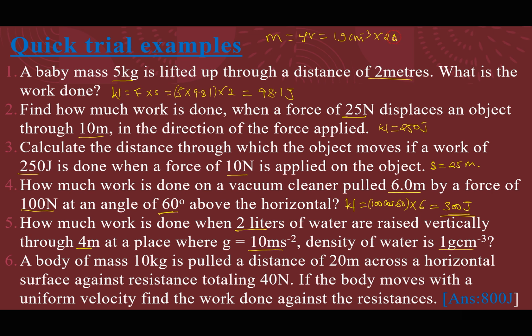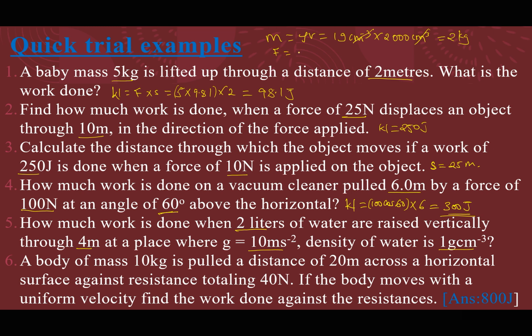The volume is going to be 2,000 centimeters cubed. So centimeters cubed cancel, and the mass is 2,000 grams, which is the same as 2 kilograms. So the mass is 2 kilograms, and we have to find the force.